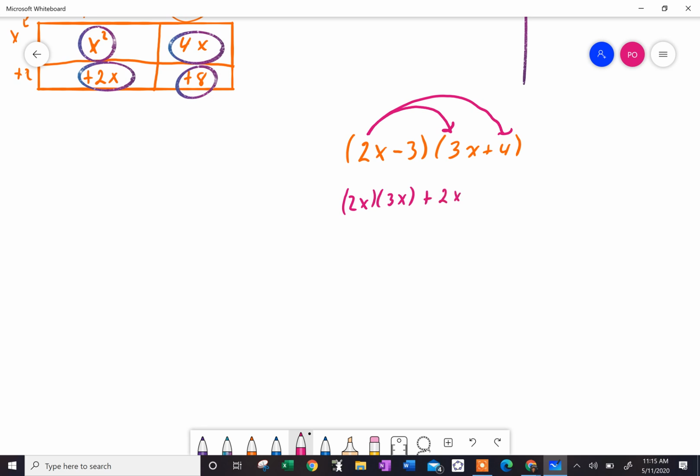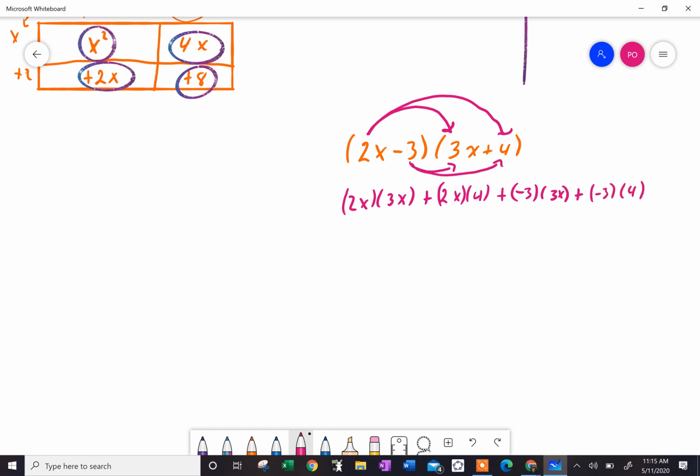You notice how I put in my plus sign, my addition sign? Plus, and then I do this one, negative 3 times 3x plus negative 3 times 4.